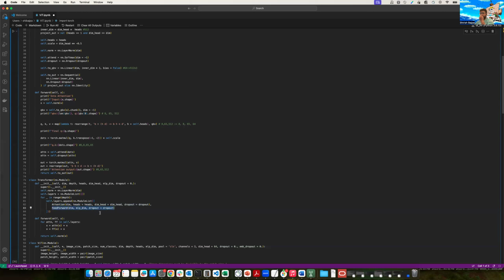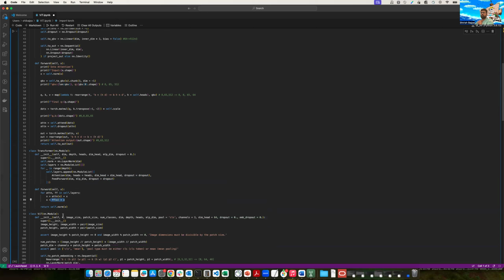Then we have a feed forward, which will be like dimension cross MLP dimension. So ultimately here, if we print the transformer output, it will be like 8 cross 65, right?